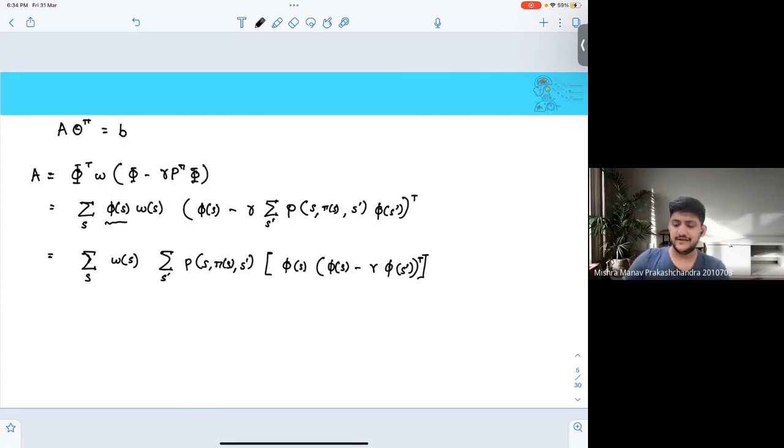I have taken the phi(s) term inside, and I have taken this probability term outside. Here the first term simply becomes 1 because there is no summation over s prime, only the probabilities get summed up and it becomes 1. The second term remains. If you look at the two cases, you can establish the equivalence between these two methods, right?